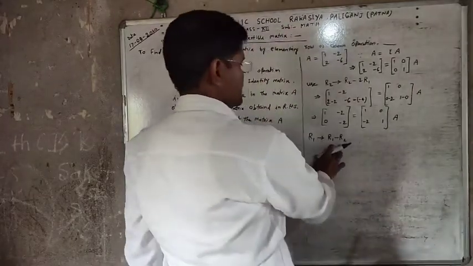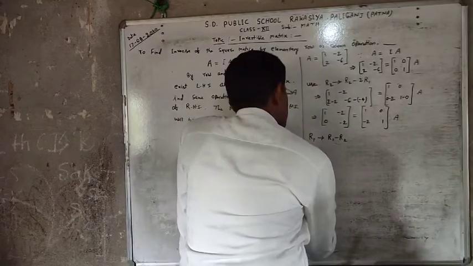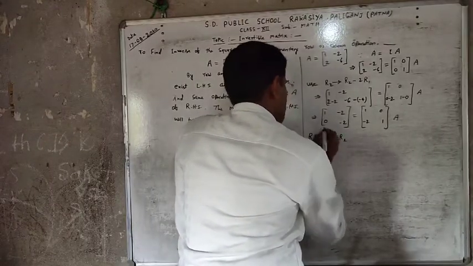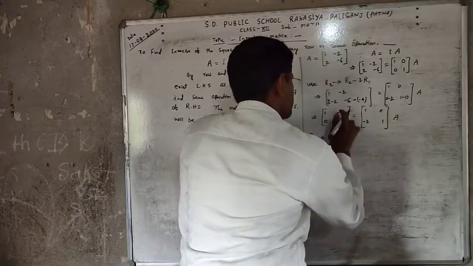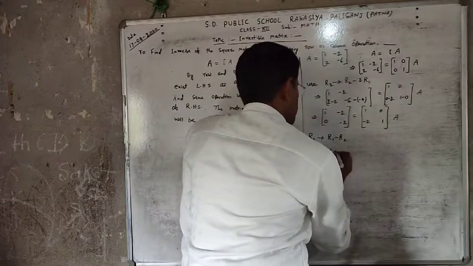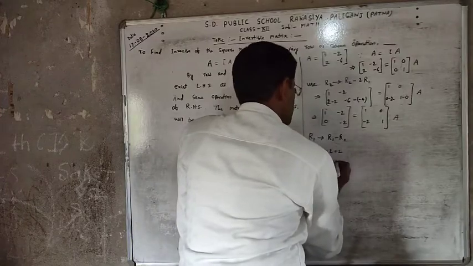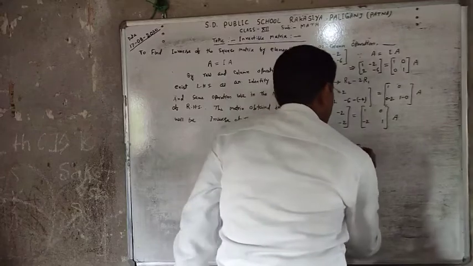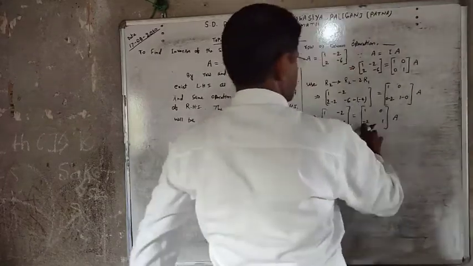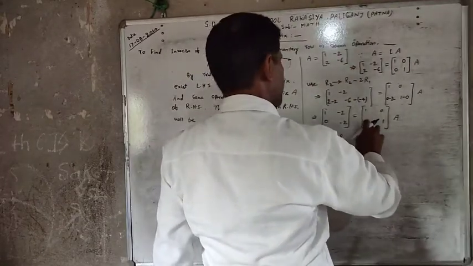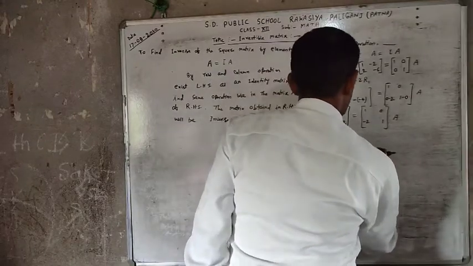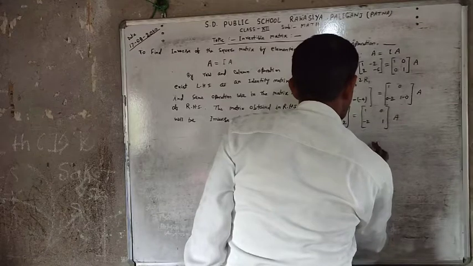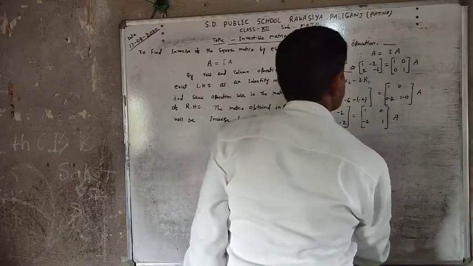If R2 is subtracted from R1, then the matrix we find is 1 minus 0, which is 1, minus 2 minus, minus 2, which means plus 2, and 0 minus 2. It is equal to 1 minus 2 multiplied with the second row subtracted from the first row, which means 1 minus, minus 2, so plus 2.